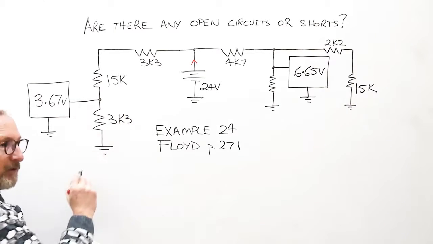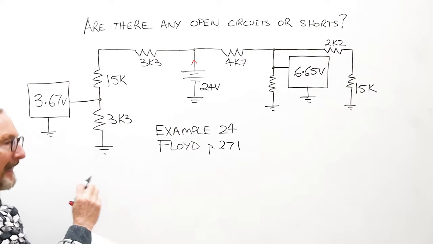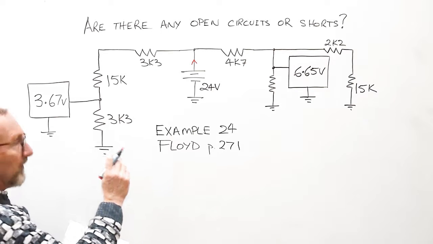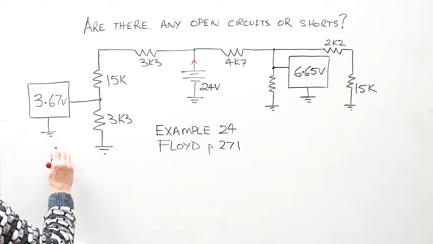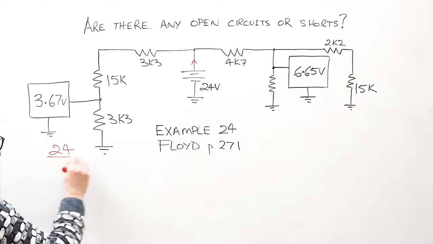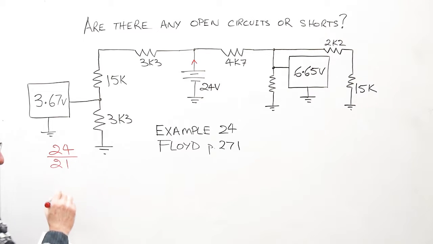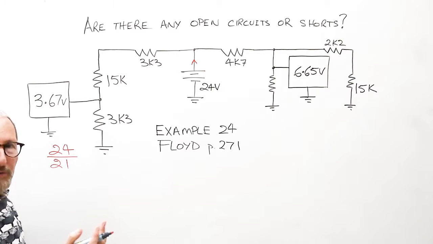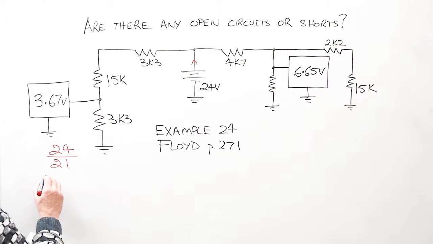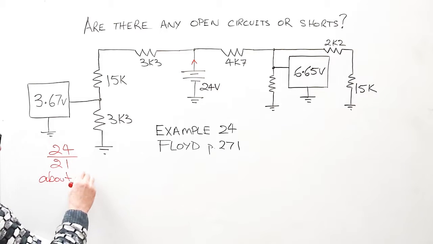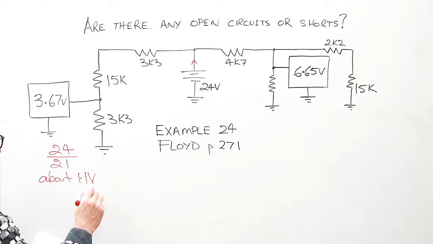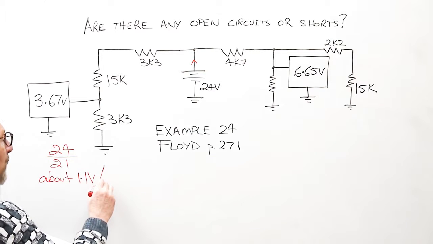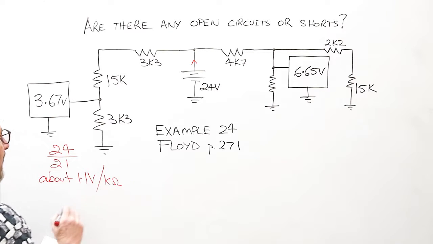These all add together to be about 21K, and then we know that we've got a 24 volt supply, so 24 divided by 21 is going to be about 1.1 volt per k ohm.